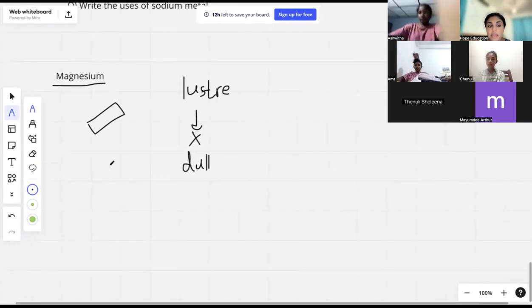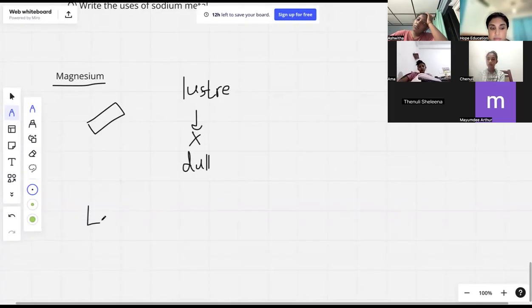So what do we do? Magnesium is normally just kept like that, the roll stays like that in the lab. Oxygen is always in contact, so it is always dull. So when I want to use a piece of magnesium for any reaction, what do I do? I cut a piece of magnesium from the roll. Right? Now this magnesium is dull. It doesn't have a shine.